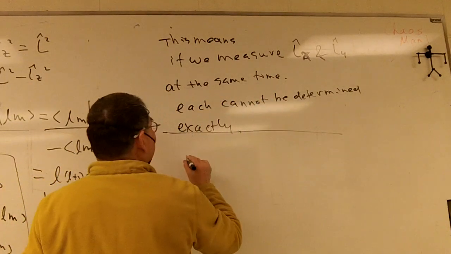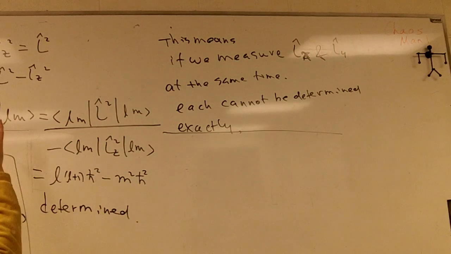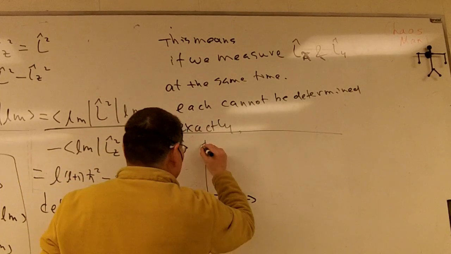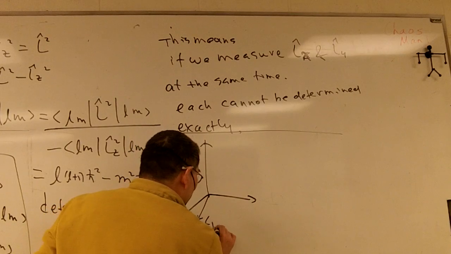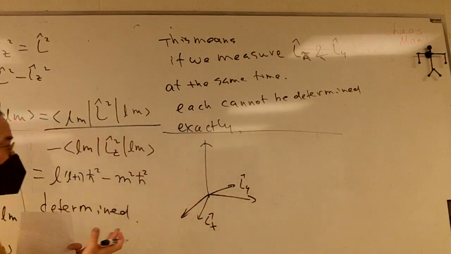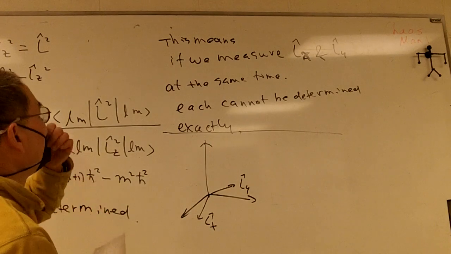So the uncertainty relation: fundamentally, if you add them up, there is no uncertainty. But essentially what that means is the following. Whatever direction you choose, if you measure these two components, L_x and L_y, in the xy plane, you cannot measure them precisely.